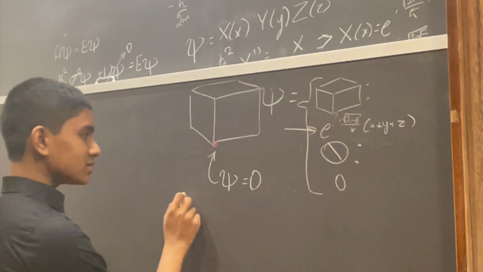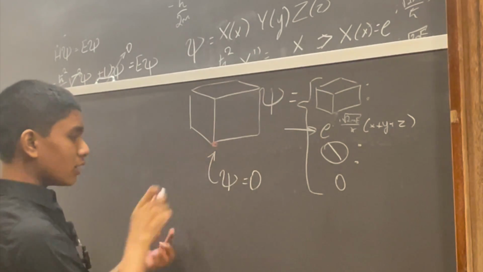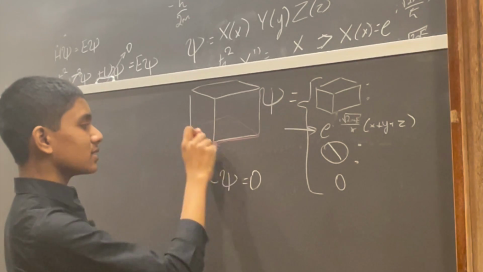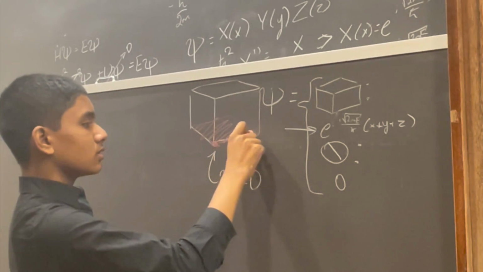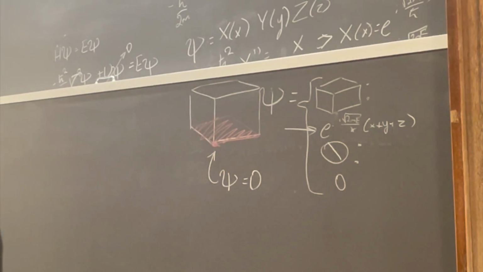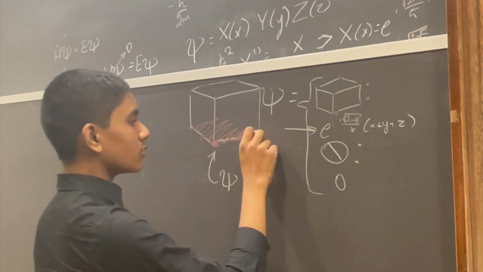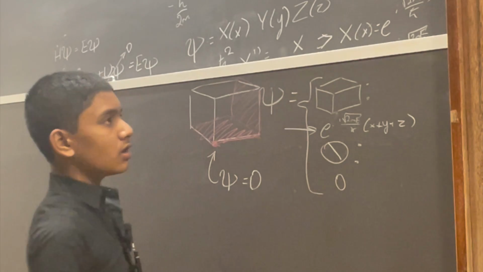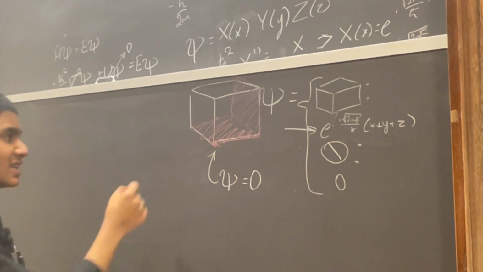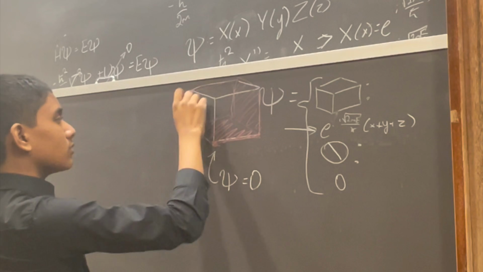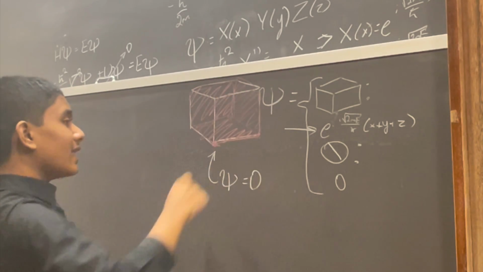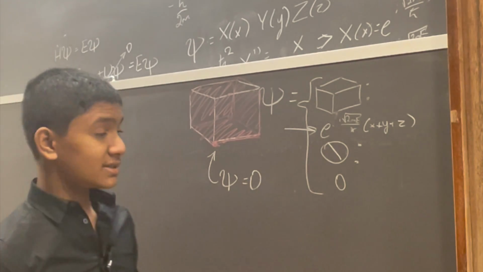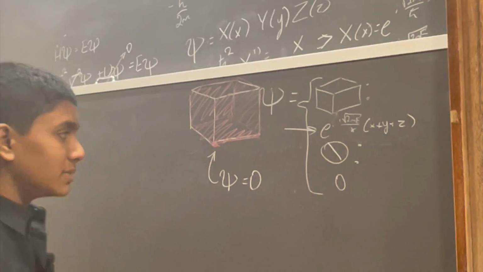So what does that tell us? Well, along any plane where x is equal to 0, the wave function has to be 0. Along any plane where y is equal to 0, the wave function has to be 0. Along any plane where z is equal to 0, the wave function has to be 0. And that sets a bunch of conditions, if we want a continuous distribution, which we definitely want if we want this to mean anything.